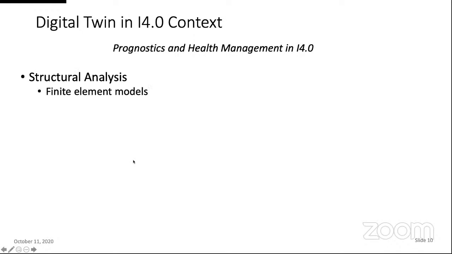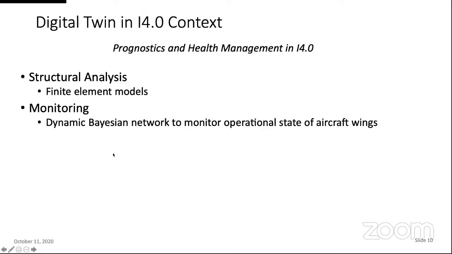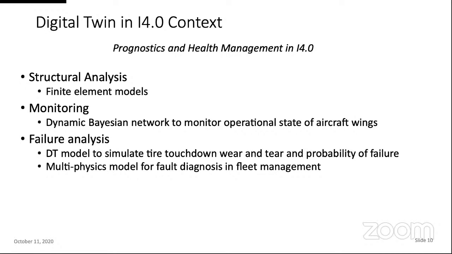For example, using a finite element model, one can do some structural analysis. One could do monitoring. For example, one can check the operational state of an aircraft wing using Bayesian models. For failure analysis, a digital twin can simulate a tire touchdown, wear and tear, and probability of failure, maybe combining physics models, a multi-physics model for fault diagnosis of a fleet management system.